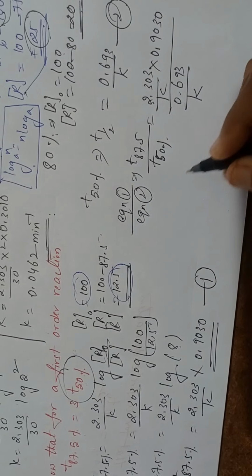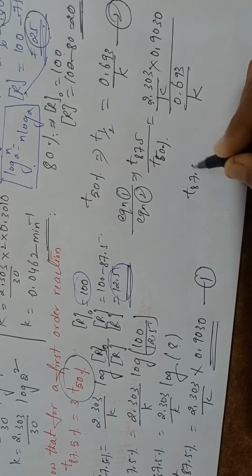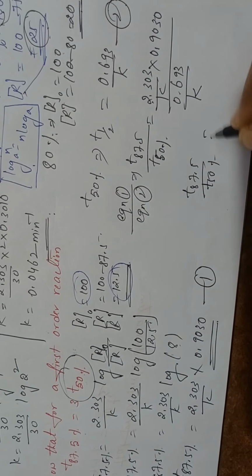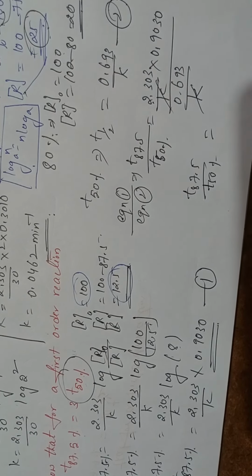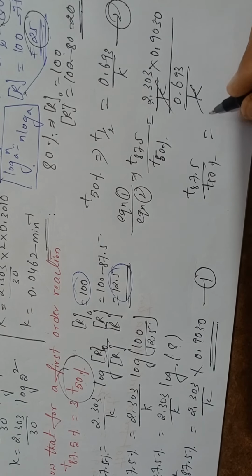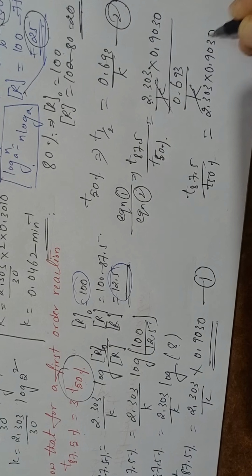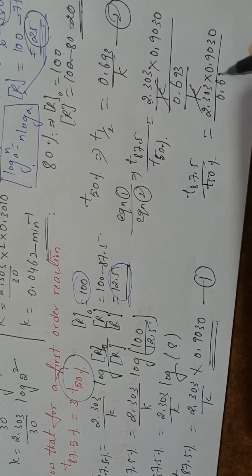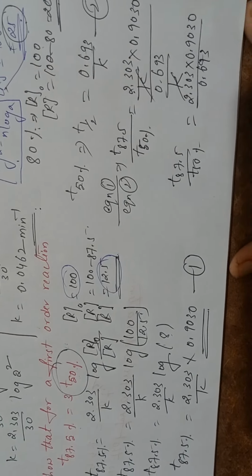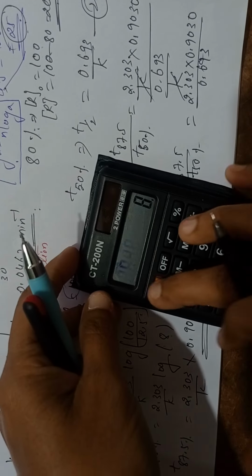Then what will you get? T 87.5 by T 50% is equal to, K and K will get cancelled. Then the value is 2.303 into 0.9030 by 0.693. Understanding? So how much do we have to calculate for this value?